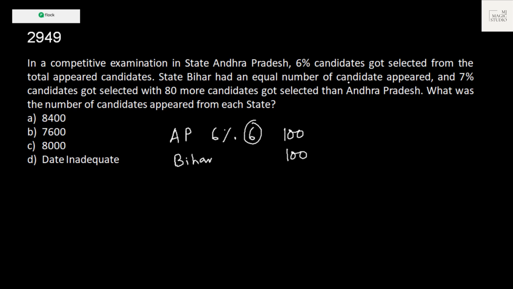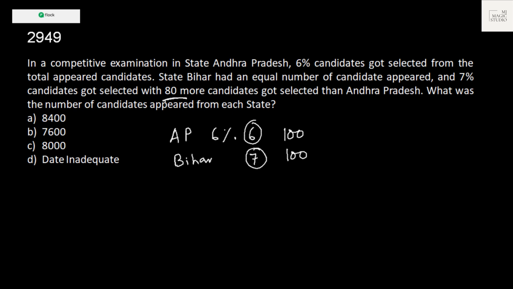Here also 100 appeared, and 7% candidate got selected. That means 7. With 80 more candidates got selected than Andhra Pradesh. What was the number of candidates appeared from each state?